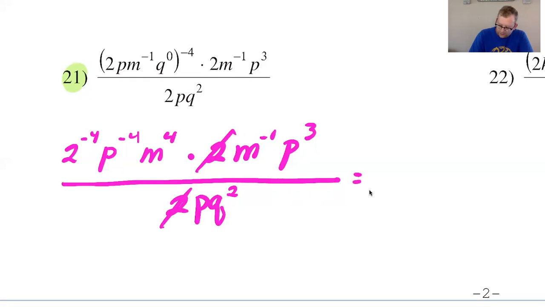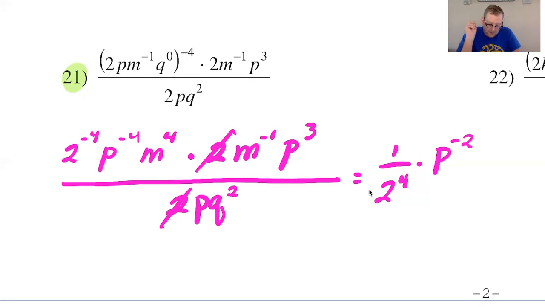2 to the negative 4 is 1 over 2 to the 4th. My p, so up top, I have negative 4 plus 3, so that's negative 1. And if I have a negative 1 up top and a positive 1 on the bottom, negative 1 minus 1 would get us negative 2. So I would have p to the negative 2.